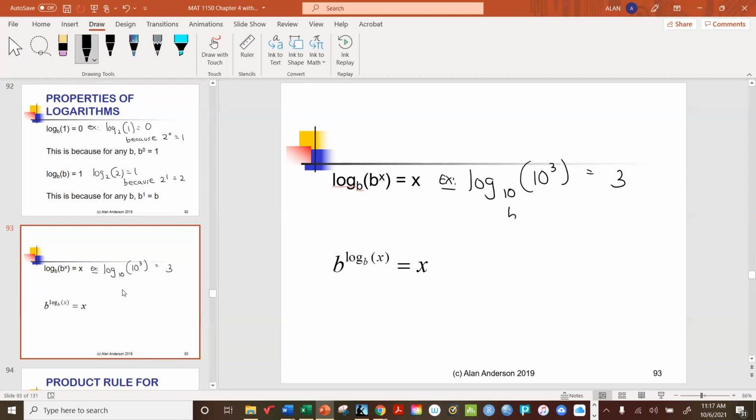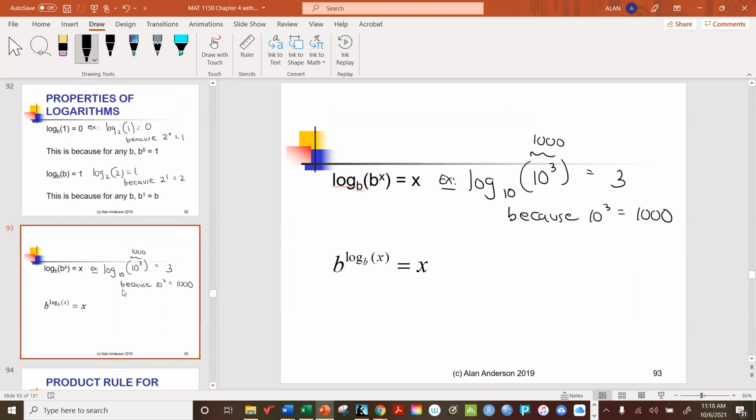Because obviously, and by the way, don't forget, this is 1,000. So in other words, you can think of it almost like they're canceling each other out.